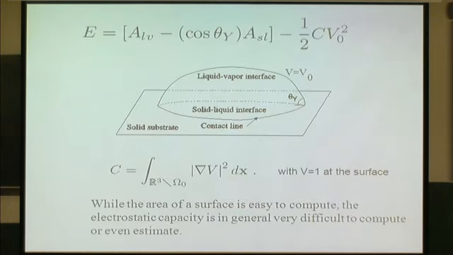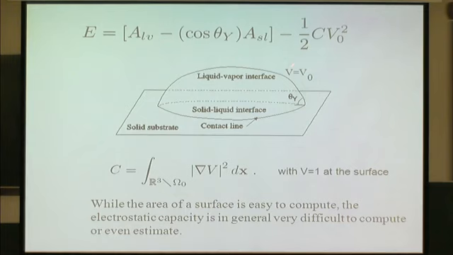Now, for our problem, we have to add to the interfacial energies the energy that you have to take from infinity or from the battery and put inside the drop. The energy that it takes for bringing all these charges inside the drop is given by minus 1/2 of the capacity of the whole system.